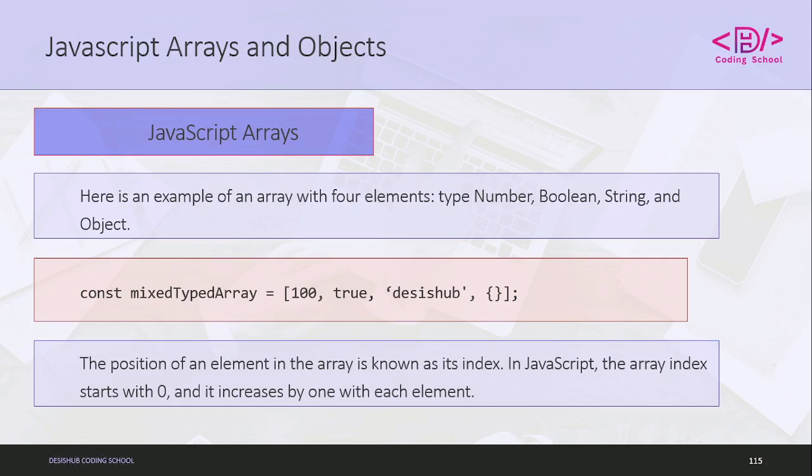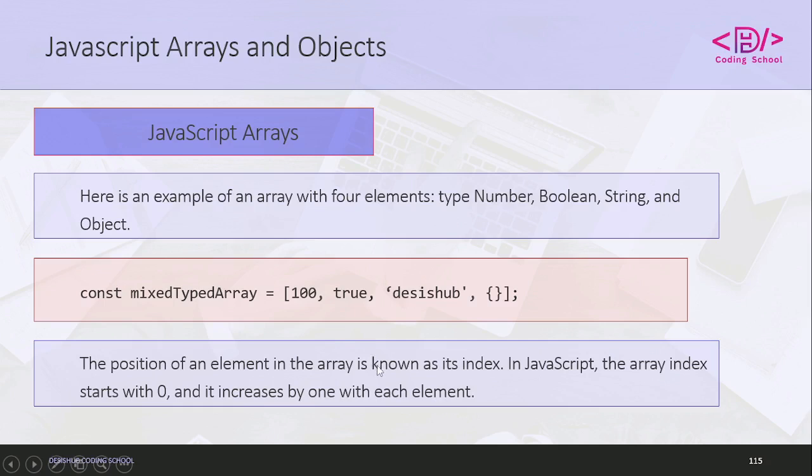The position of an element in an array is what is called an index. We have seen the index concept in strings, and it also applies in arrays. These positions that items occupy in an array are called indexes or indices.